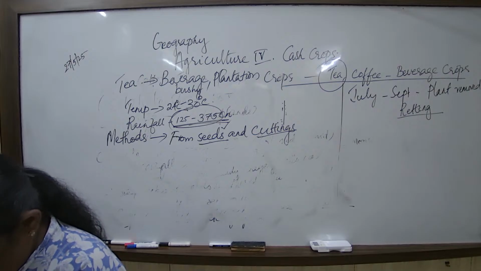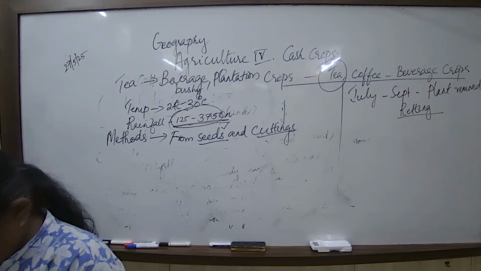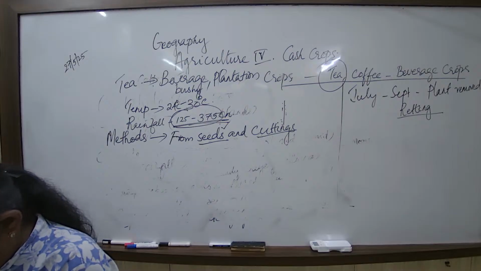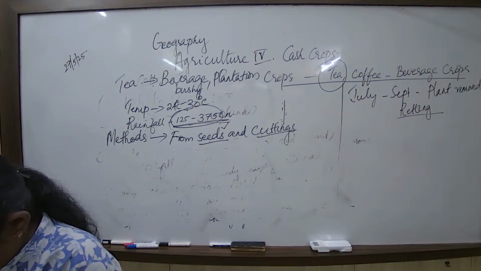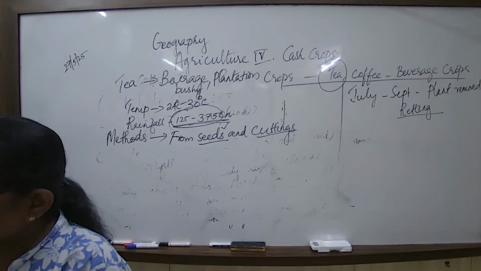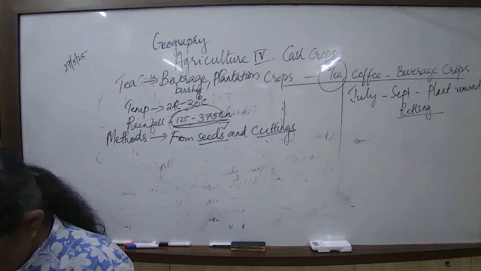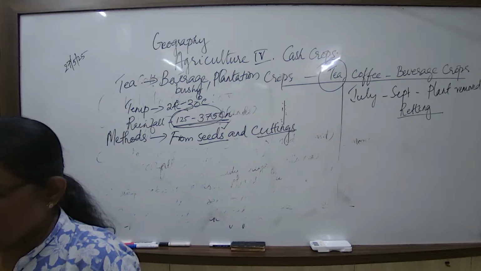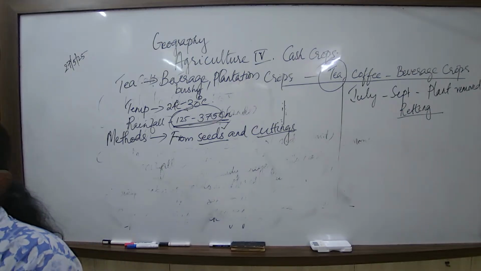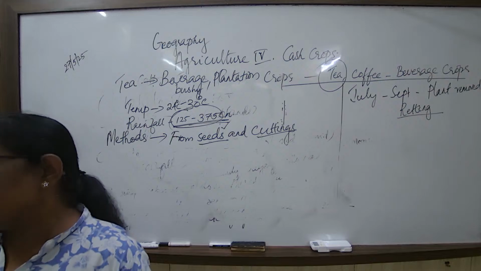Then what is that? Methods of cultivation. Coffee is propagated from seeds or cuttings in a nursery, and after few months the saplings are transplanted in the field. What are the methods? Propagated from seeds, that is, in the nurseries this plant is allowed to grow and then transplanted.